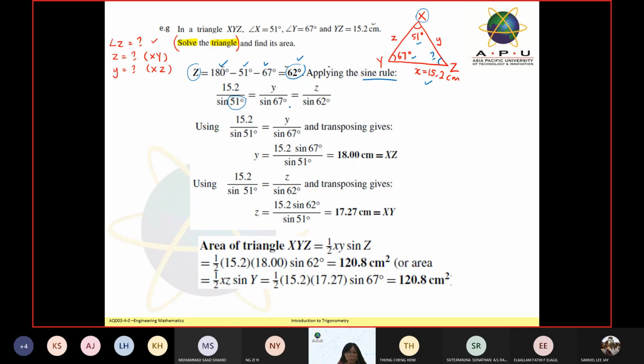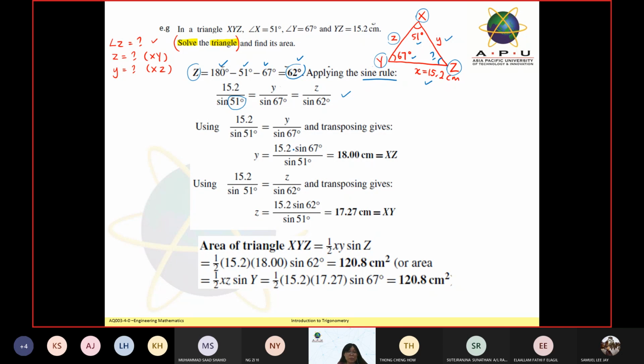Then it equals y over sine 67, where y is the side and 67 degrees is the corresponding angle. It also equals z over sine 62, where z is the side and the corresponding angle is the 62 we obtained just now. So this is the sine rule.